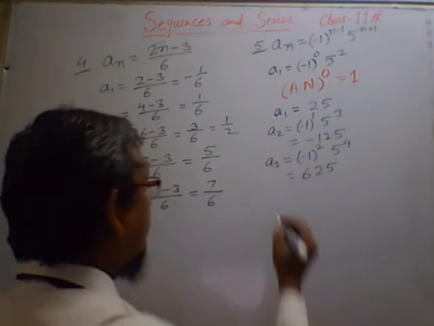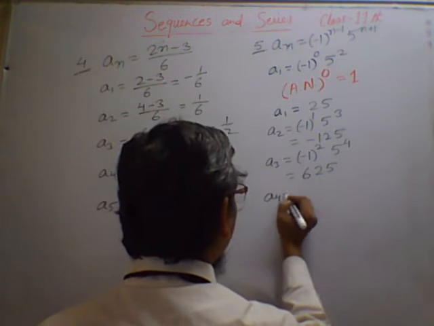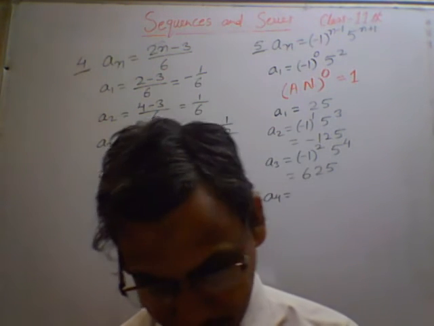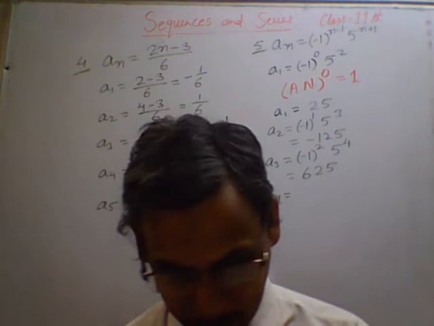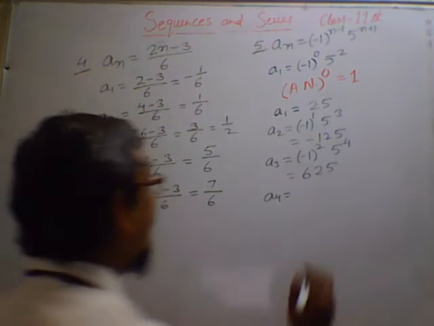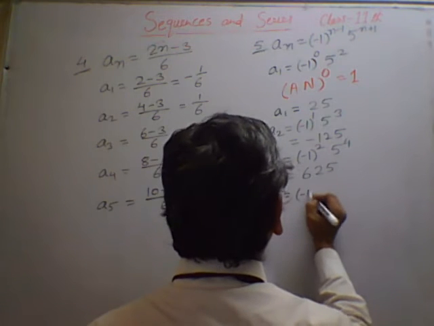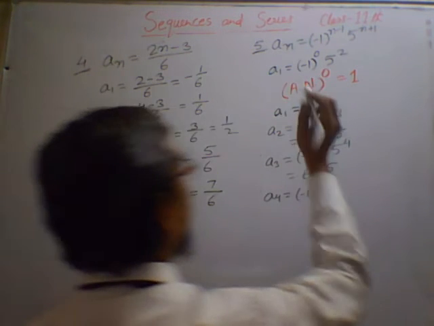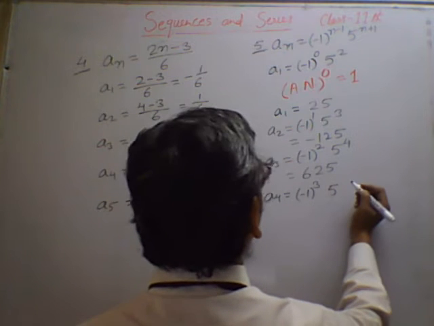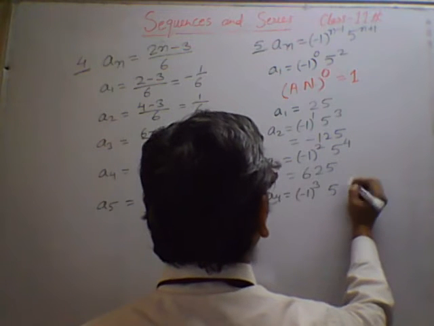Now A4 equals minus 1 raised to the power 4 minus 1, that is 3, times 5 raised to the power 4 plus 1, that is 5.